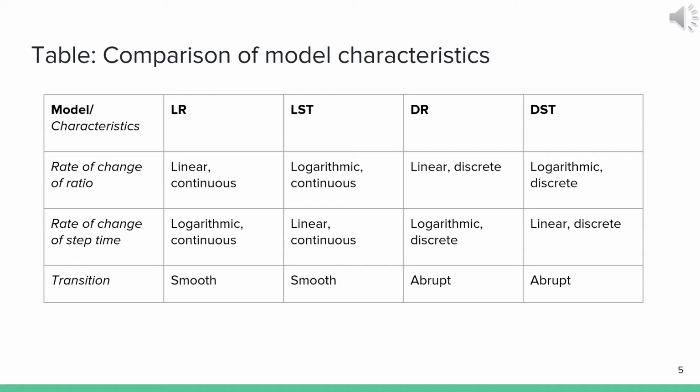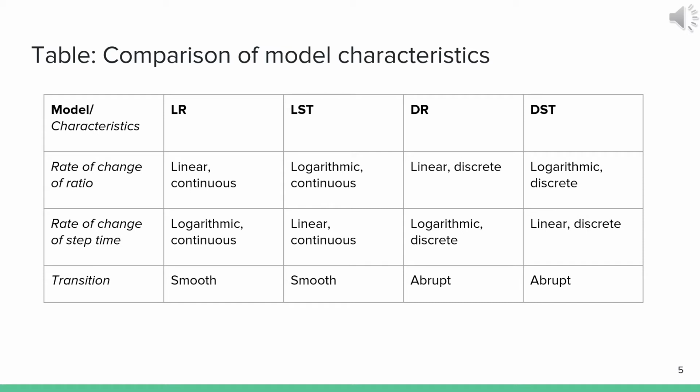And for the discrete, obviously it's going to be discrete, meaning the stair step pattern, and the linear is going to be continuous. And you see that also in the rate of change, that the linear ratio and the discrete ratio will be logarithmic, whereas the linear step time and the discrete step time will be linear.